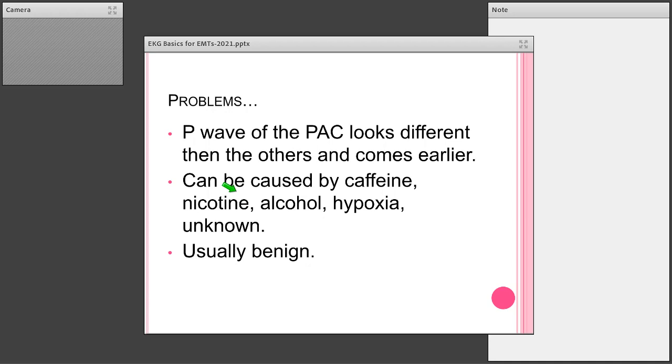They may feel like their heart is skipping a beat, or they may feel like they have some palpitations, but it's usually not something they're going to be treated for in the field or even in the hospital, just because it doesn't cause a considerable problem. If it does, a cardiologist will treat that problem.